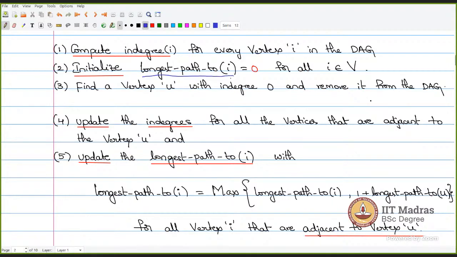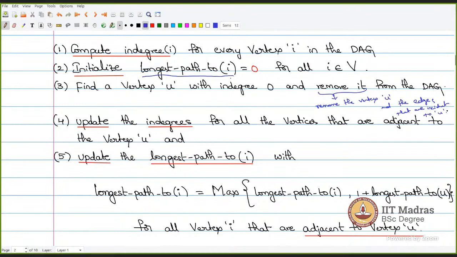When I say remove it from the DAG, it means you have to remove the vertex u and the edges that are incident to u, that particular vertex.